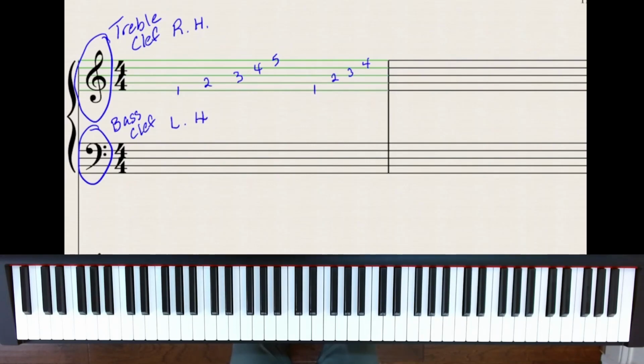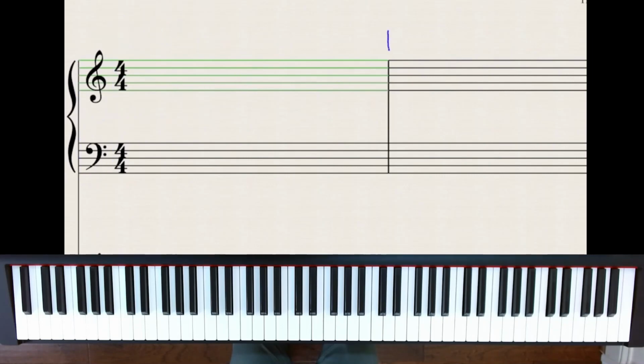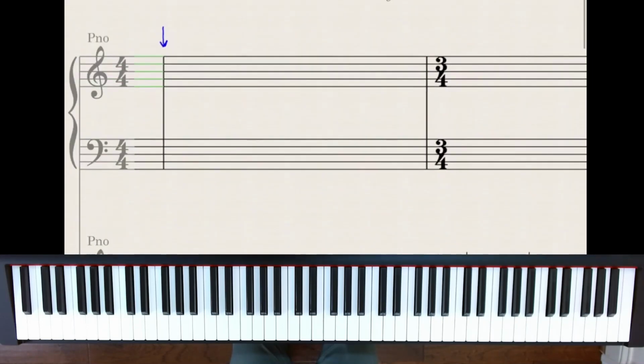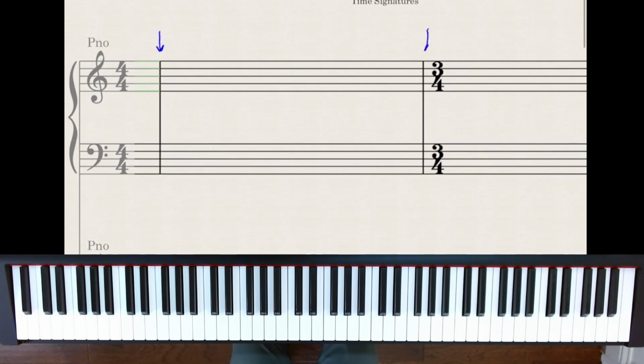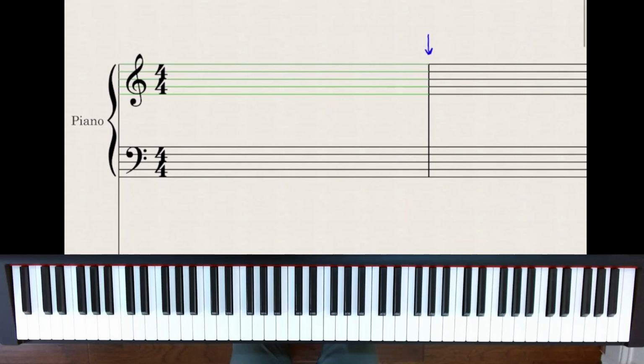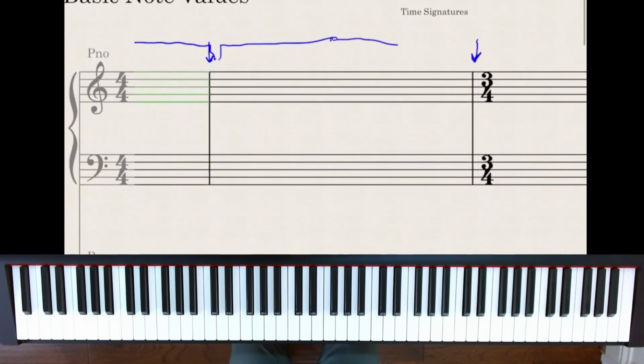Okay? And so now if you take a look here at this line and this line, those are called bar lines. And bar lines basically separate the music into measures. Okay?